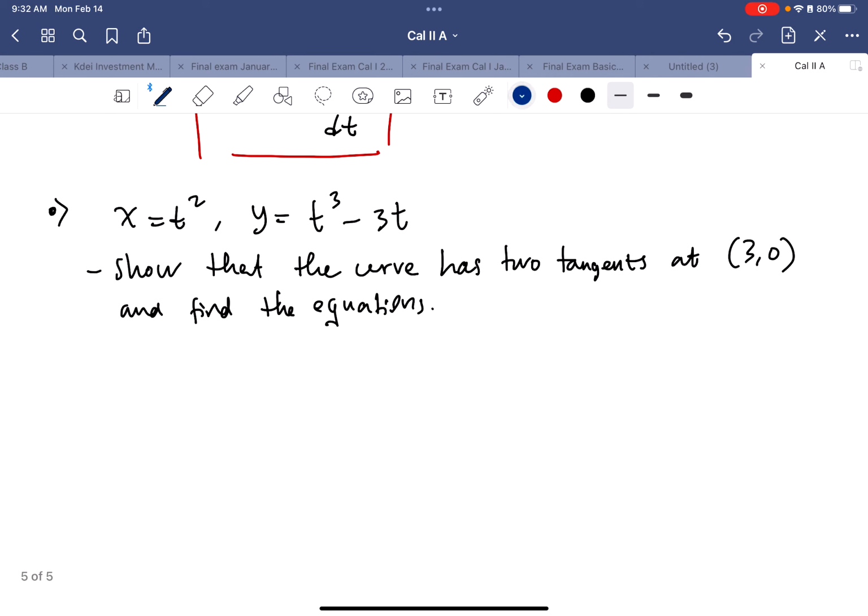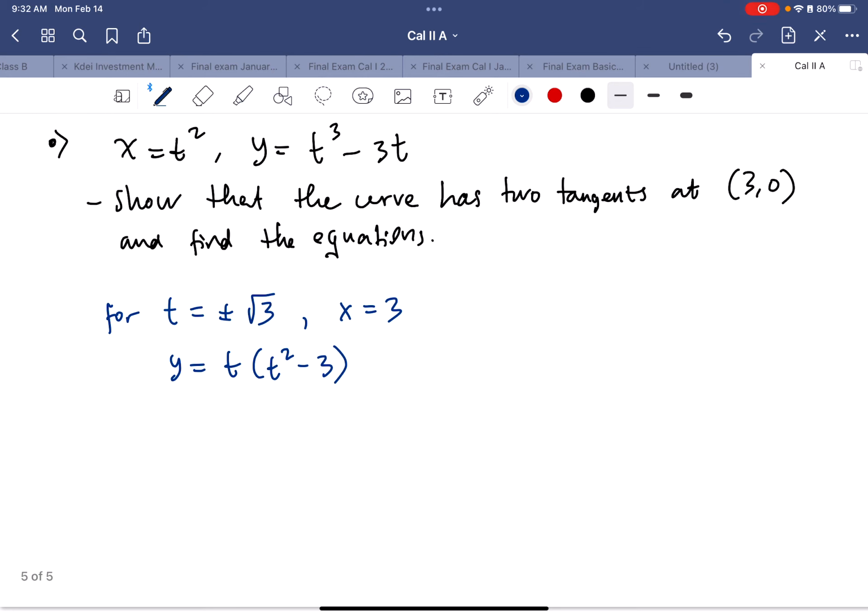We can write first, for t equals plus or minus square root of 3, x will be 3, and y will be 0 here.